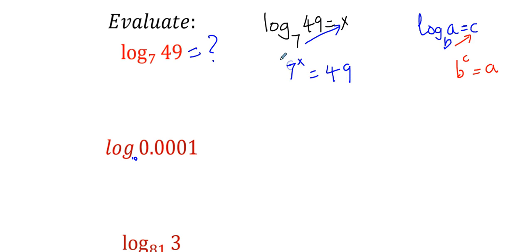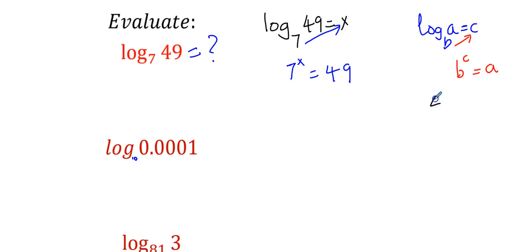That is, we changed this expression from logarithmic form to the exponential form. So now we have 7 to the power of x is equal to 49. Now our task is to find what is the value of x. So let us try to change this 49 in terms of 7.